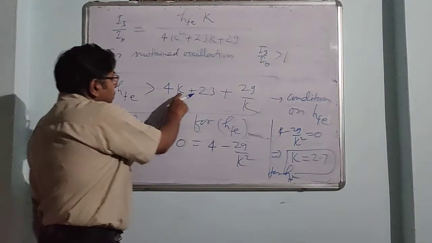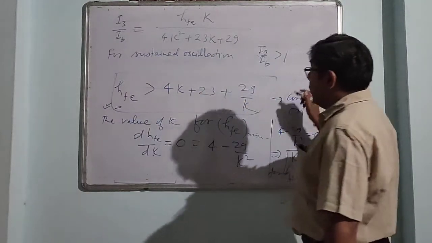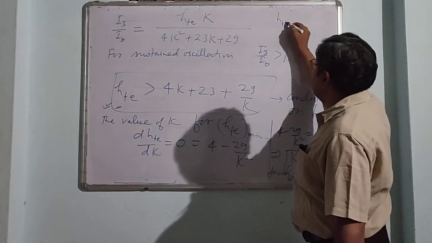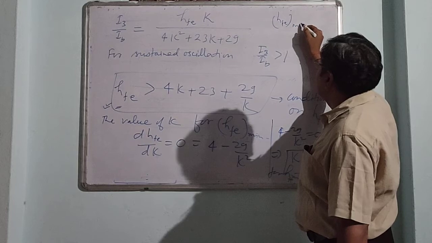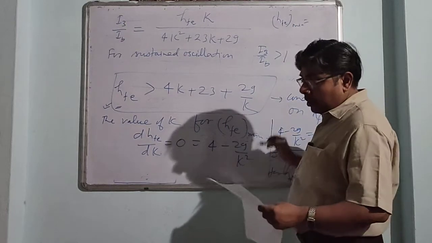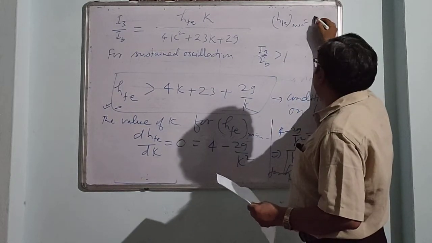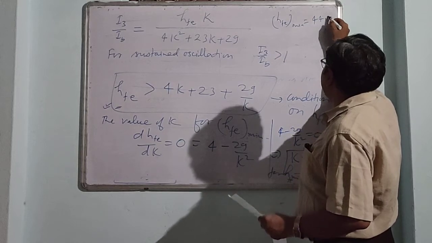You can put this value K equals 2.7 and you will get hFE minimum equals, after solving you will get 44.5.